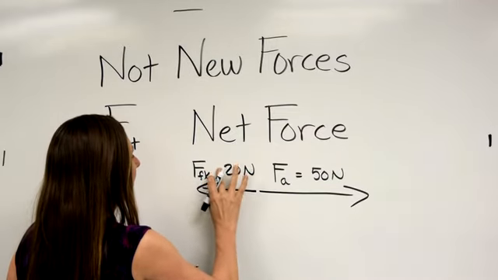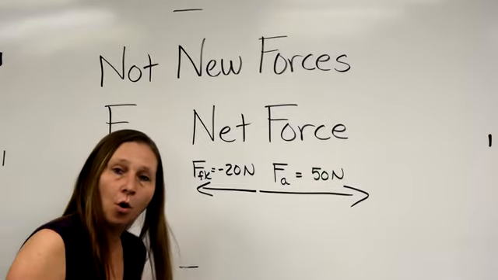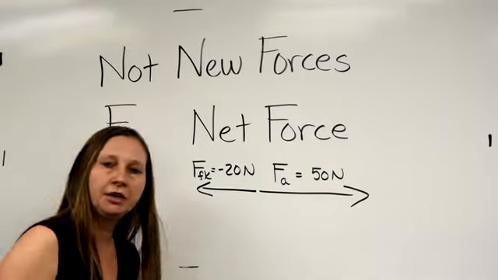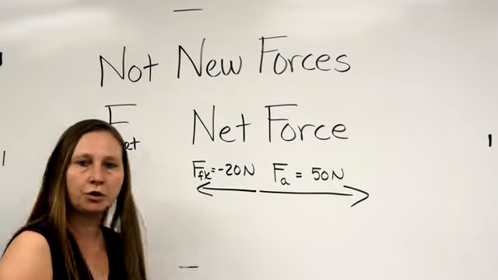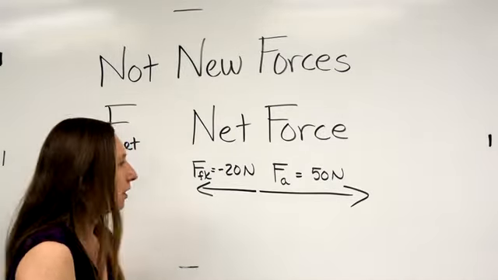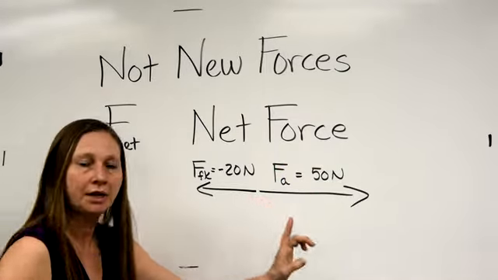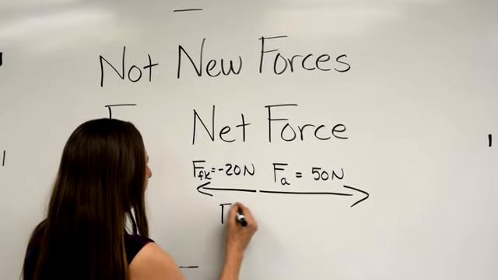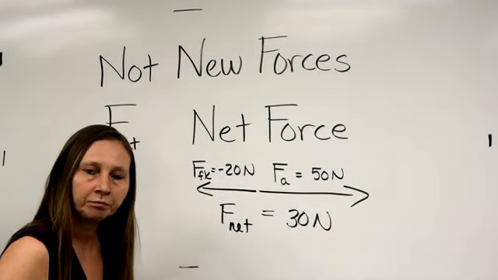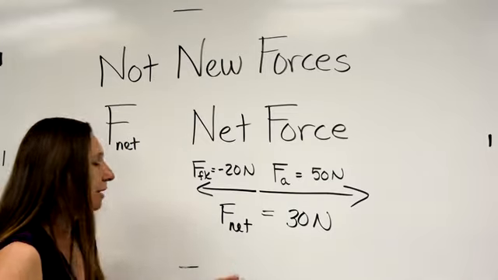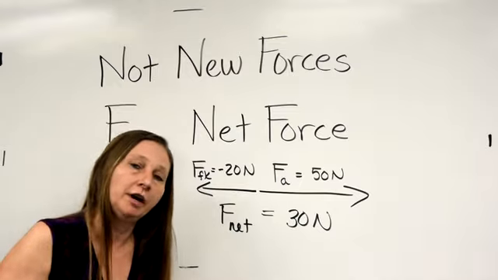It's going to be actually negative 20. Okay, the net force is 50 minus 20. The net force is 30 newtons. We took these two forces and added them together. One's going this way, one's going that way. So adding them together means 50 plus a negative 20, and F net, the net force, is 30 newtons. So net force is not a new force, it's just adding up other forces that we already know about.